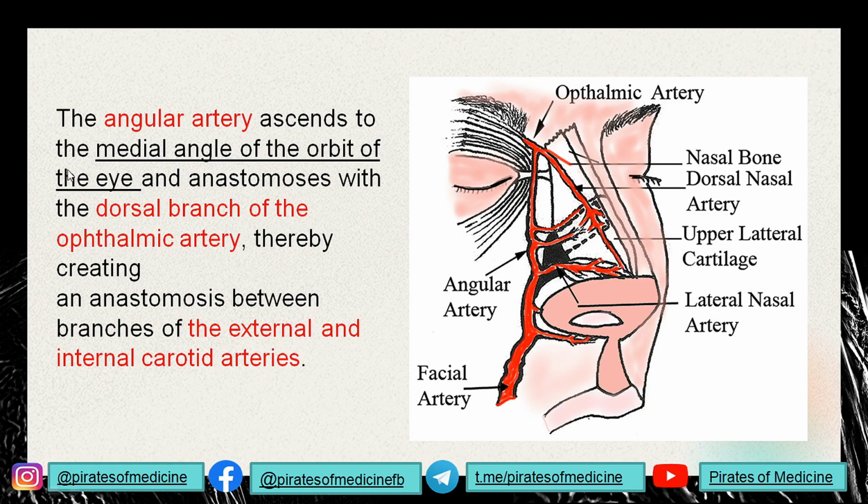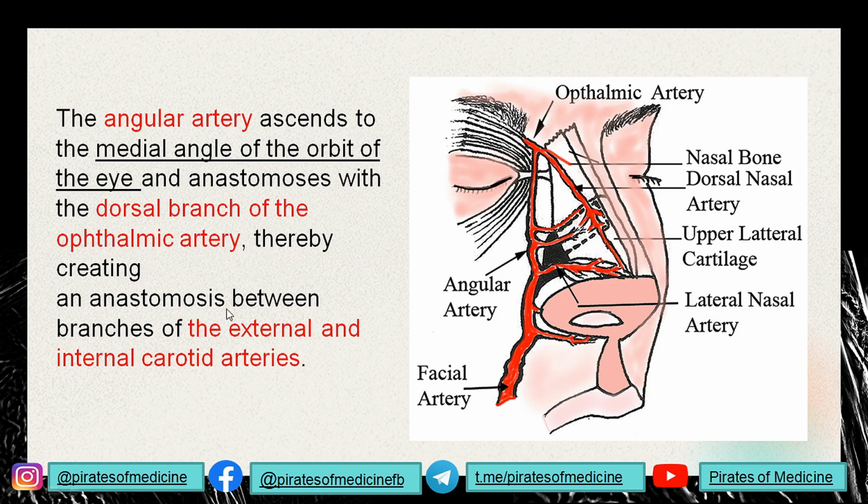The angular artery ascending to the medial angle of the orbit and anastomosing with the dorsal branch of the ophthalmic artery. The angular artery over here is a branch of the external carotid artery, and the dorsal branch of the ophthalmic artery is a continuation of the internal carotid artery.